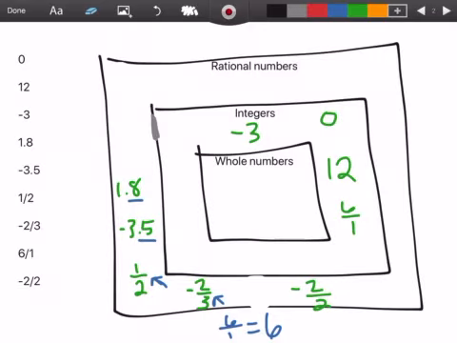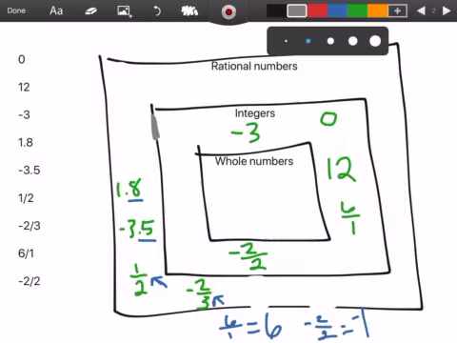And then lastly, negative 2 over 2. Again, if we divide 2 over 2, we get 1 whole, and then that negative sign is on it, okay? So negative 1, that is whole. It does not have a decimal or fraction, so negative 2 over 2 gets to come over here. All right, so all of those were able to pass into the integer square. So they are rational and they are integers.